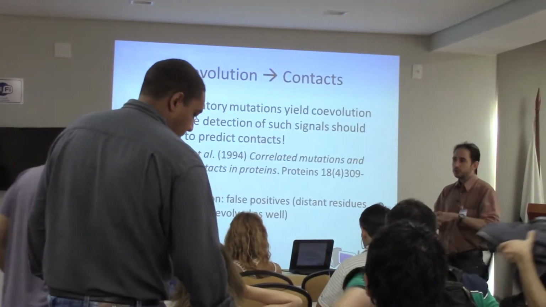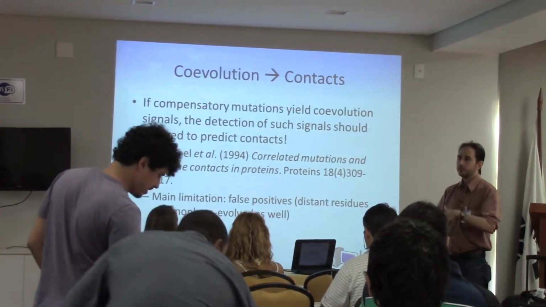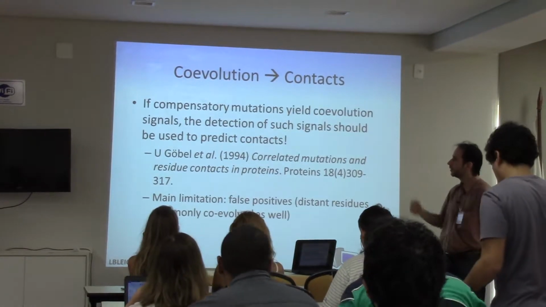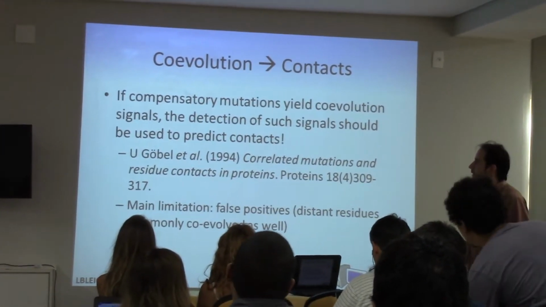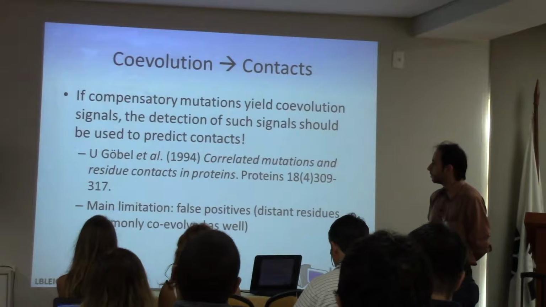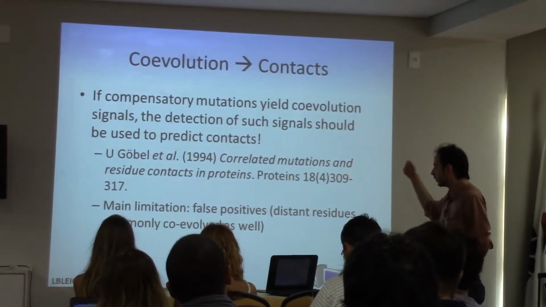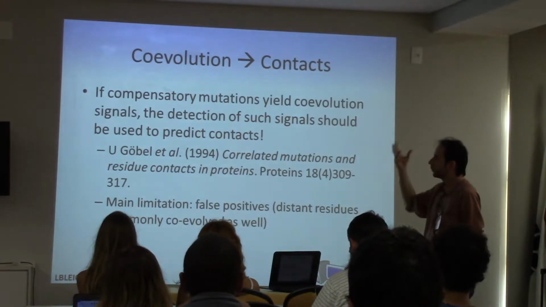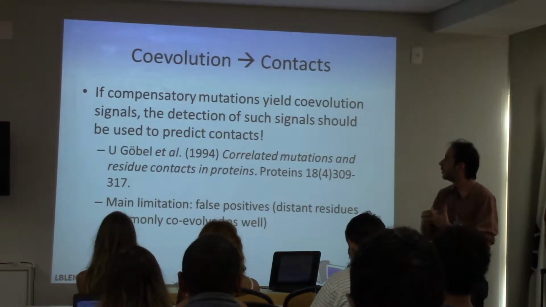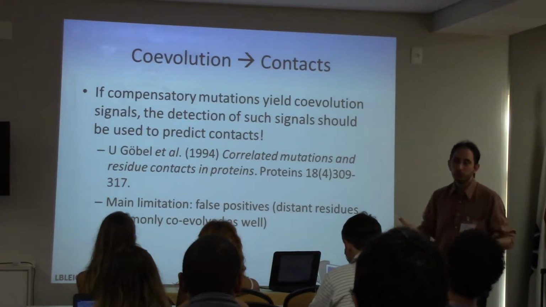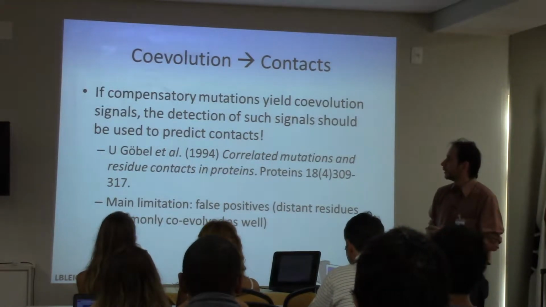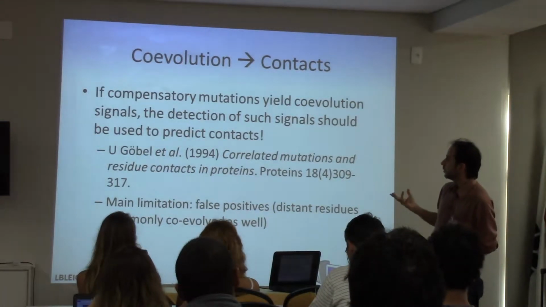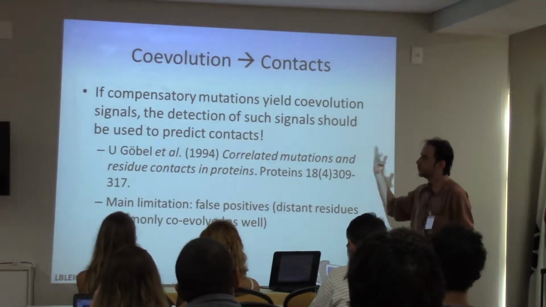At that time there was not much availability of protein sequences, but as we said, this is increasing over the years. And so in the 90s, there was an important article from Göbel in which he proposed that if compensatory mutations yield coevolution signals when you look at a multiple sequence alignment, then we could go in the other direction and detect such signals in order to predict contacts.